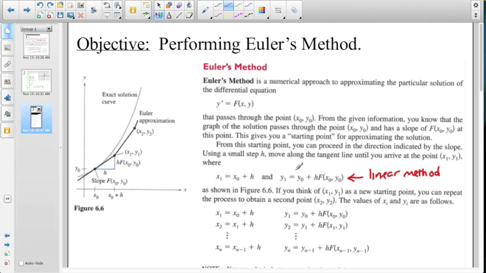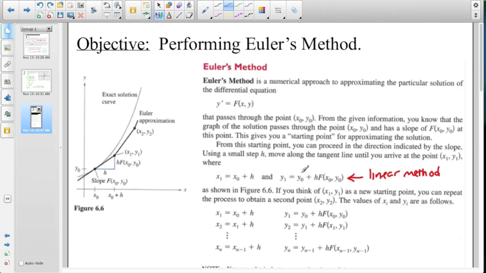If we look at this carefully enough, we can see that this is nothing more than the expression of a linear equation. We have a slope, which is f of x sub 0, y sub 0, and we have h, which is that step, the delta x, so to speak.